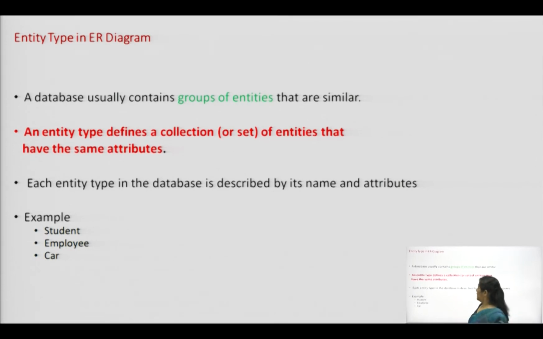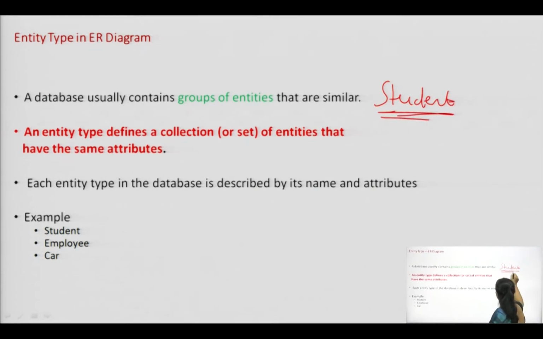Look, when I talk of a student as an entity, a student means we are representing a group of entities that are similar. Why are they similar? Because we are talking of similar properties or attributes for them.